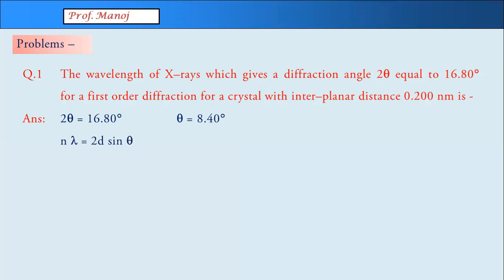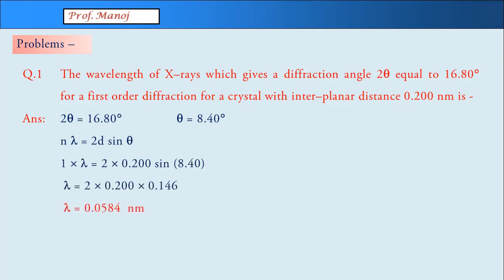Wavelength पूछा है. First order. So 1 into lambda is equal to 2 into d sine of 8.40. That gives us the final answer. So अगर ये वेवलेंथ हम लोग यूज करेंगे तो हम लोग को ये डिफ्रैक्शन पैटर्न सर्टन मिलेगा. इसमें केमिस्ट्री आपको कुछ दिखेगा नहीं, लगभग फिजिक्स जैसी प्रॉब्लम्स है.